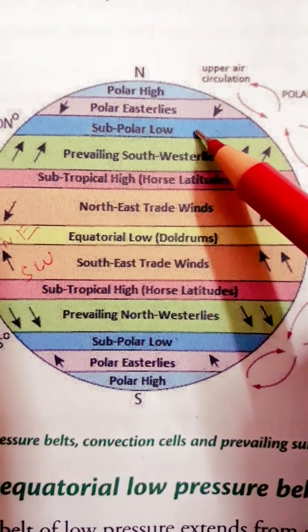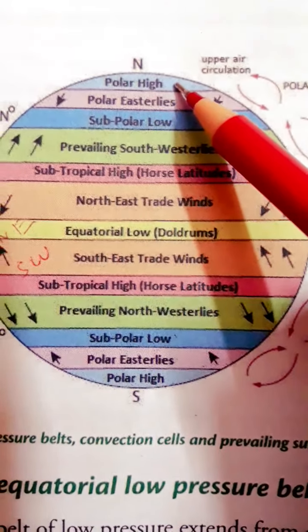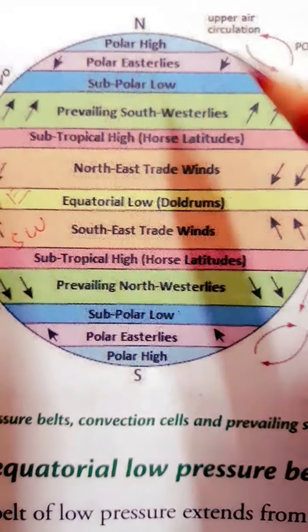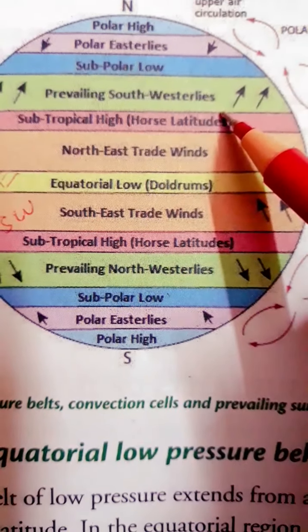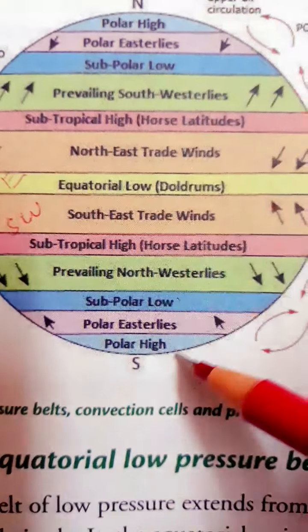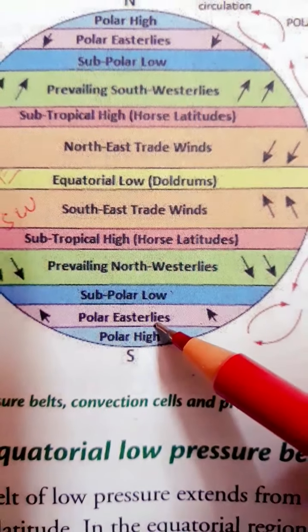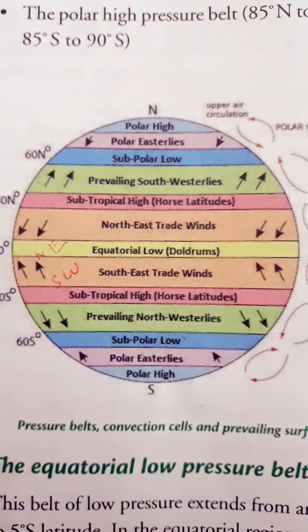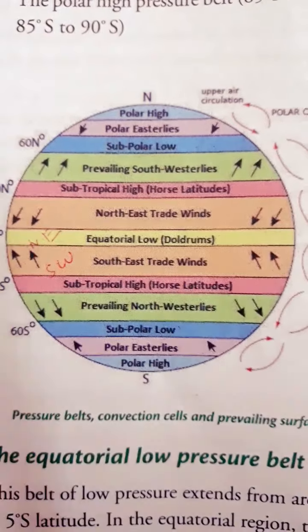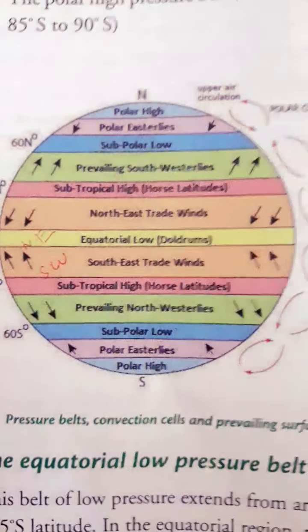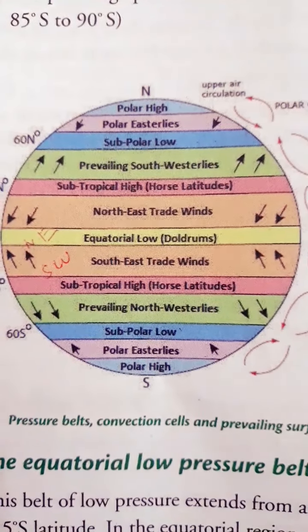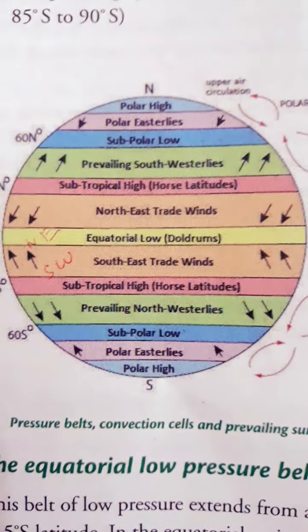In the northern side they are called the polar northeasterlies, and in the southern portion they are known as the polar southeasterlies. These winds are very cold, as you know that region always receives the sunlight in an extremely slanting manner. Okay, now these are the main gists of the permanent winds.